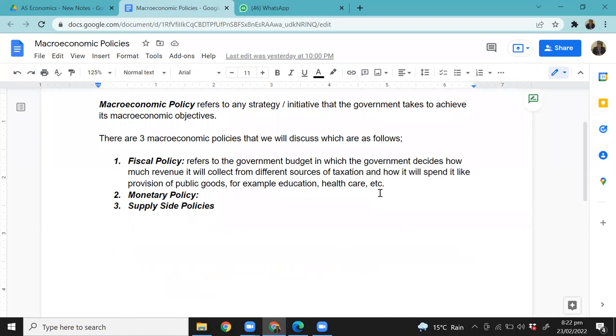Fiscal policy is basically policy related to government spending and government revenue. What is government revenue? Government revenue is basically the income that the government generates from taxes, right? And what is government expenditure? The amount of money that the government is spending on different things like constructing roads, bridges, parks, and all these things. Easy? You got this?